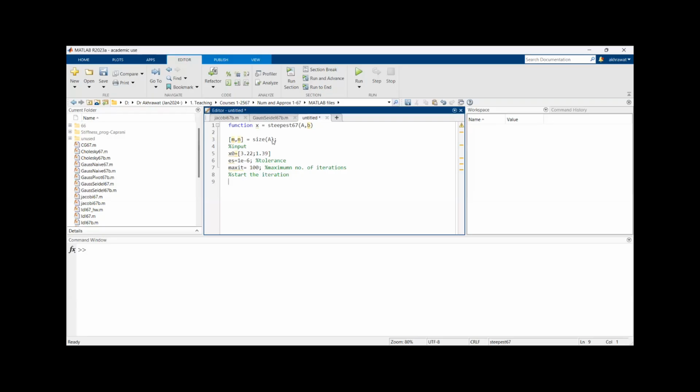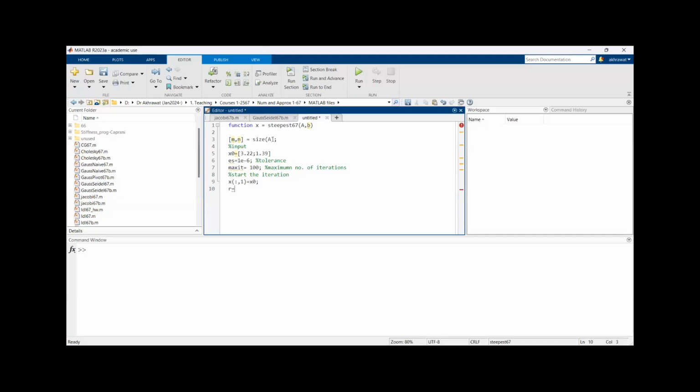Similar to the Jacobi, I want to have my updated solution stored in the matrix X. The first column is the initial case, the second column for the next solution, and so on. So this is the first column. This is my initial case, and I compute the residual.